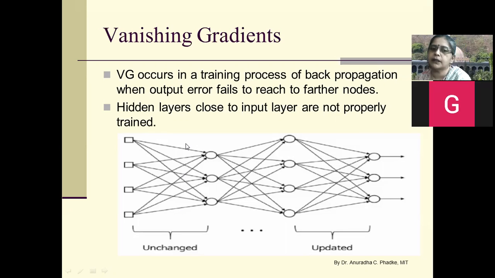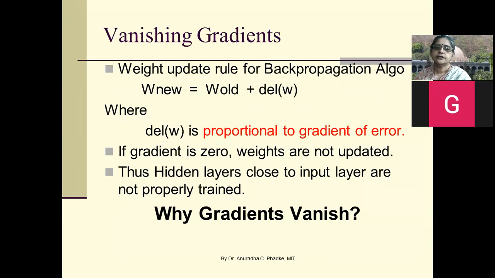Because if the gradient becomes 0, there is no weight updation, meaning those layers are not trained at all. The weight update rule in back propagation is W new is W old plus del W, and del W is always proportional to the gradient of error. So if the gradient is 0, weights are not updated, and thus hidden layers close to the input layer are not properly trained.